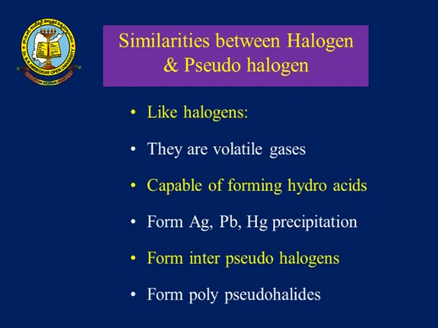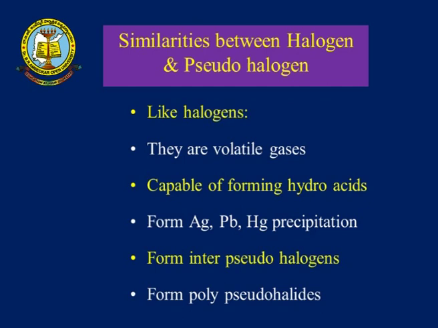Like halogens, the pseudo halogens also form precipitates with silver, lead and mercury. Suppose you take chlorine, when it interacts with silver it gives AgCl precipitate. The same way, cyanide CN minus, a pseudo halogen, when it interacts with silver gives AgCN precipitate. Not only silver, lead and mercury also interact with halogens and pseudo halogens to give their corresponding precipitates.